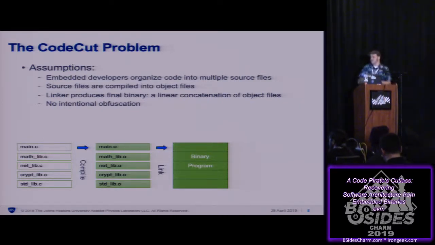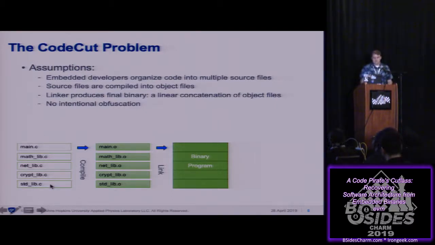So the problem I decided to tackle, I call it the CodeCut problem. If you're familiar with languages like C and C++ that get compiled down to a binary that runs on the processor, you're probably familiar with these steps, at least in theory. You write your code in a bunch of different C files.